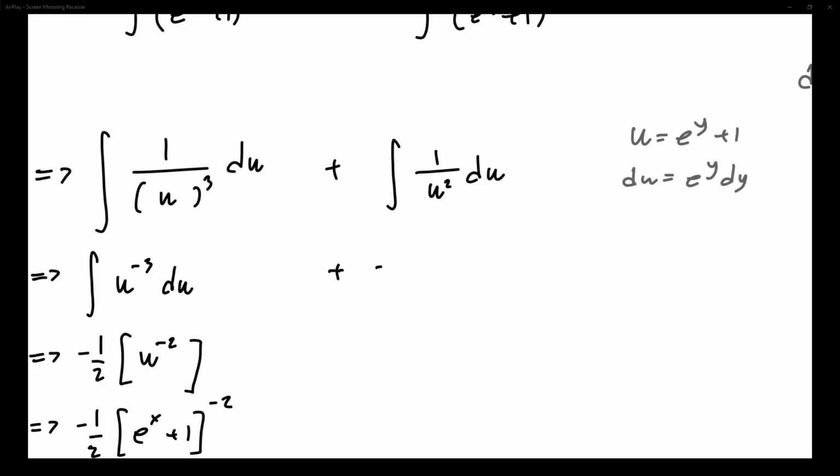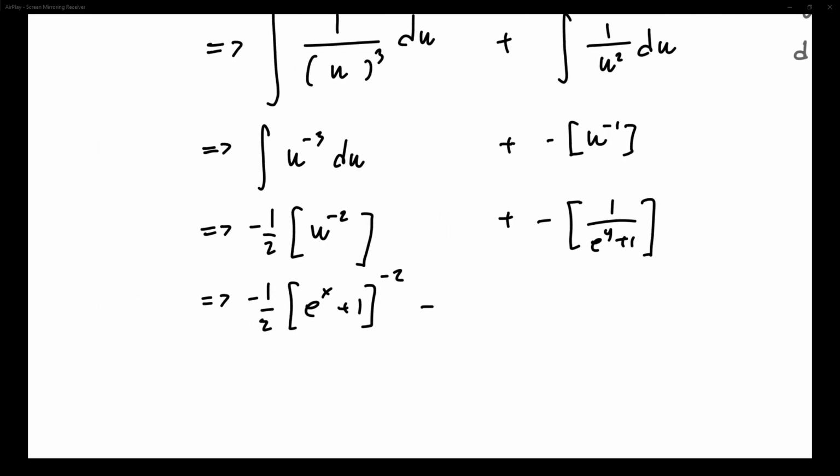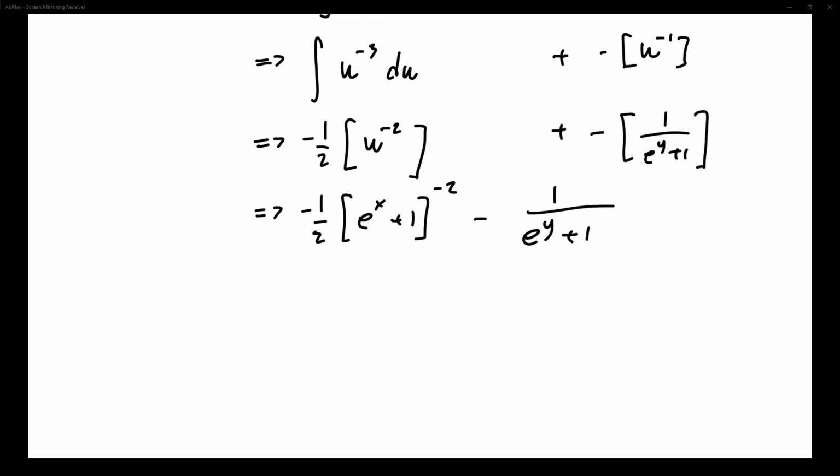And then, you know, we divide. We're going to get negative u to the negative 1, negative 1 over e to the y plus 1. So at the end of the day, it's negative 1 over e to the y plus 1.